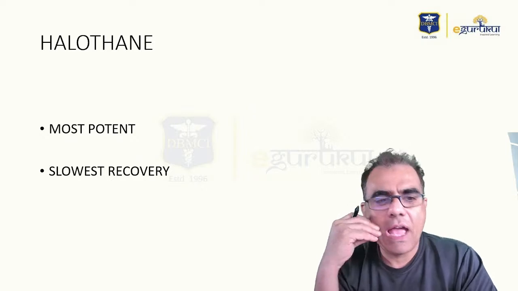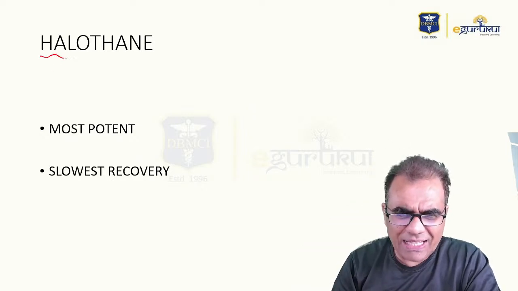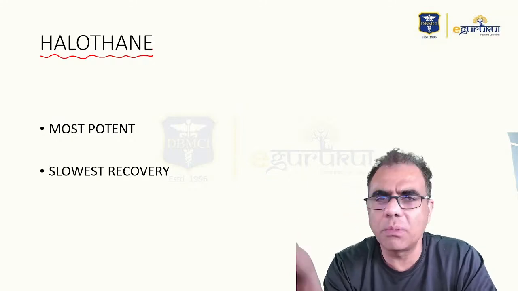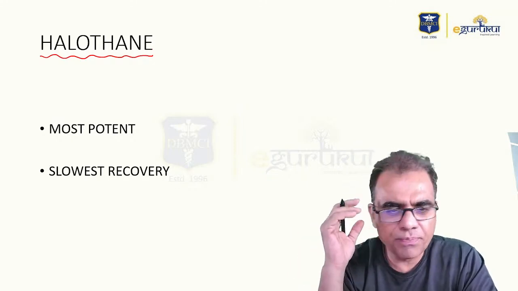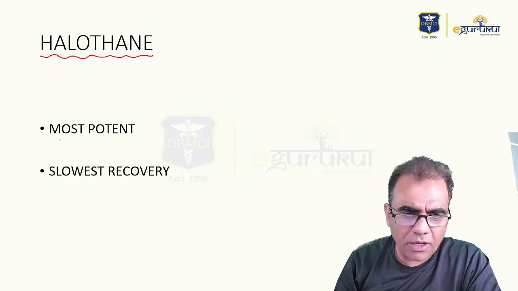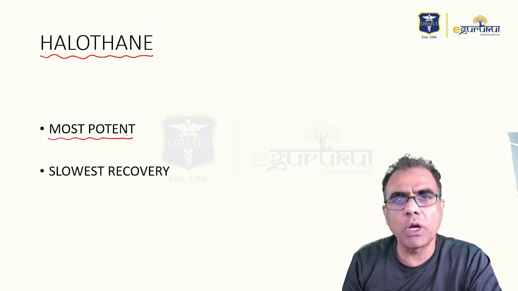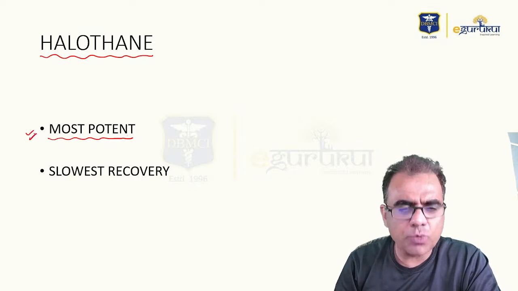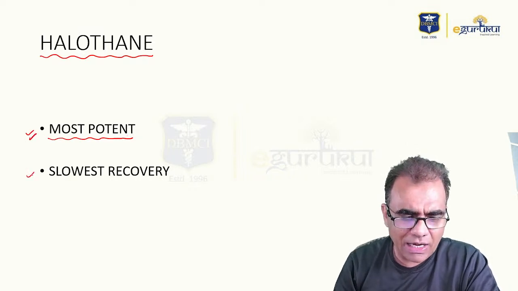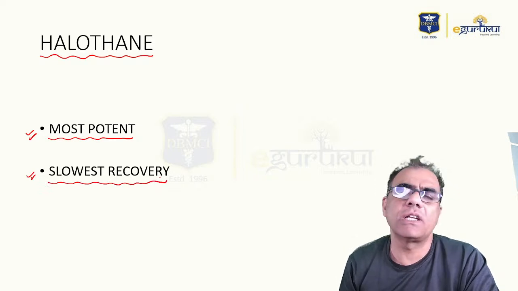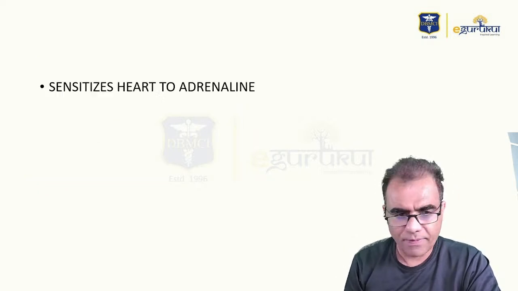Halothane. Halothane nowadays is less commonly used in Western countries, but in India we are still using it because it is still comparatively cheap. Both properties of halothane we already have discussed: among the agents we are using nowadays, it is the most potent volatile agent and it has got slowest induction and slowest recovery.